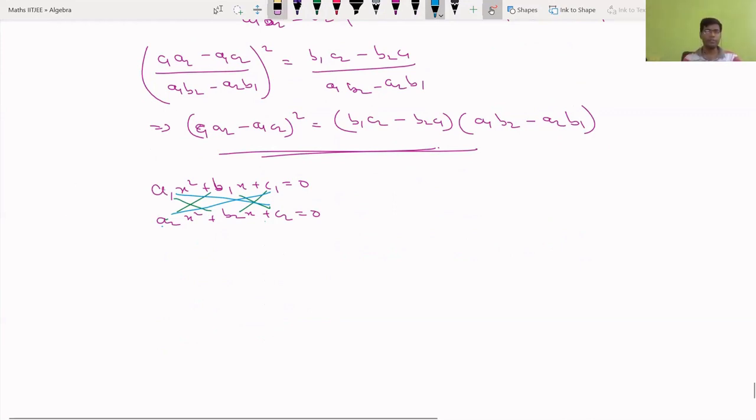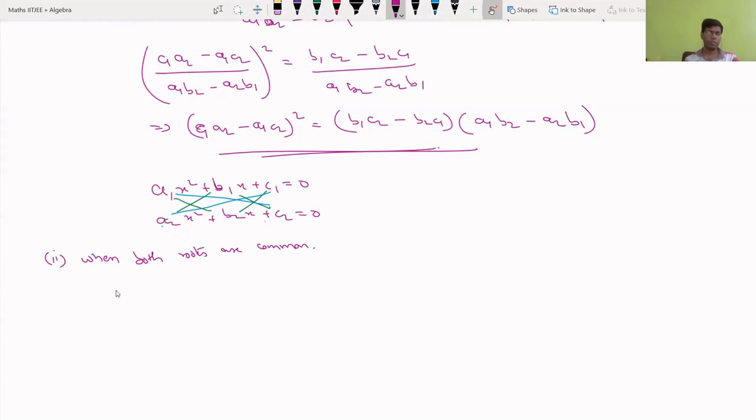So the next one is when both roots are common. So the quadratic equation a1 x square plus b1 x plus c1 is equal to 0 and a2 x square plus b2 x plus c2 is equal to 0.